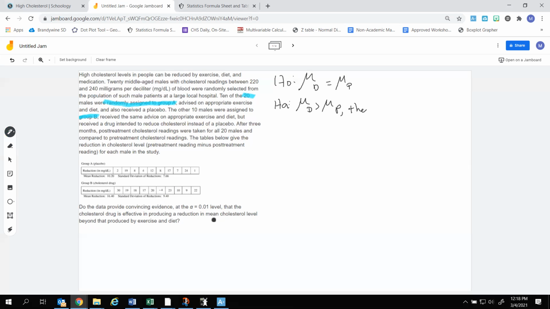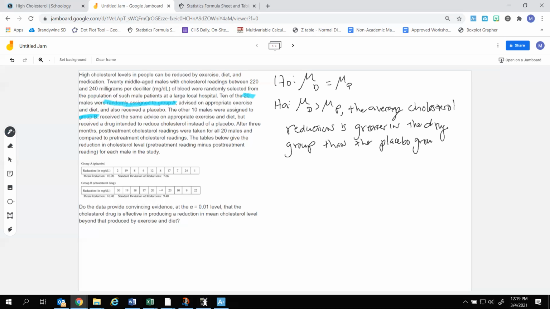So the average cholesterol reduction is greater in the drug group than the placebo group. All right, there's our P and H of phantoms.